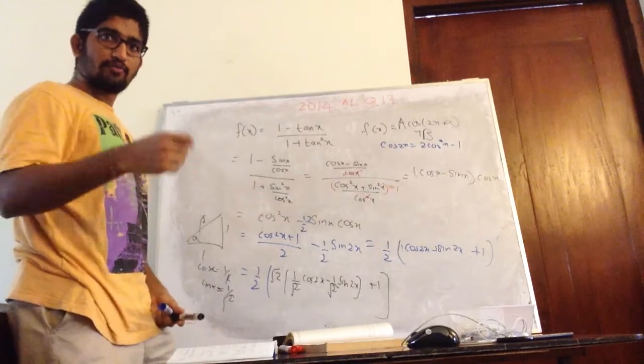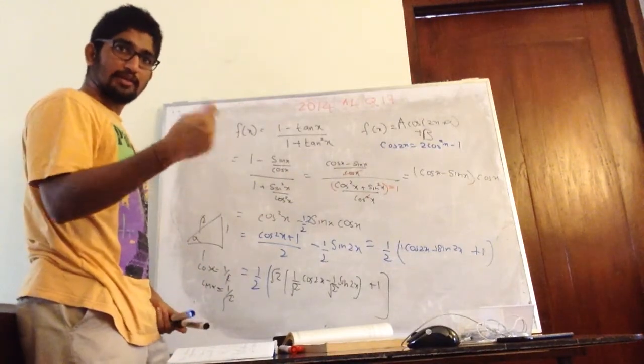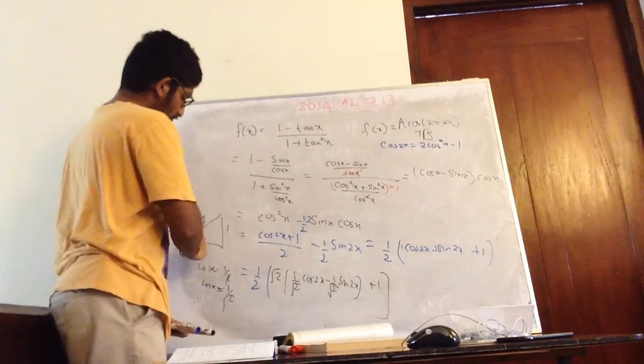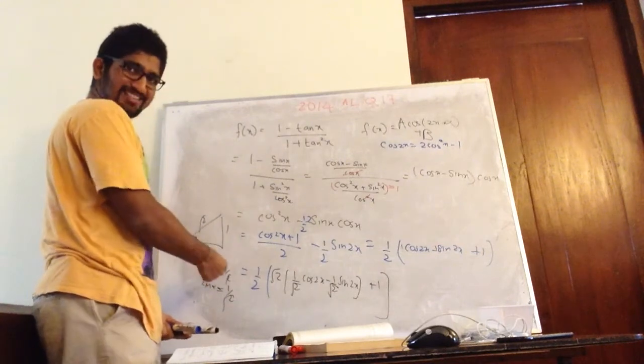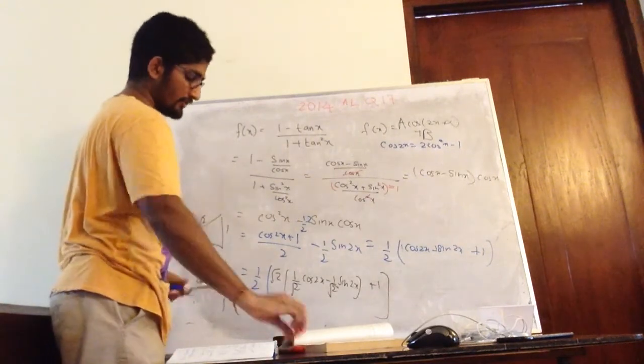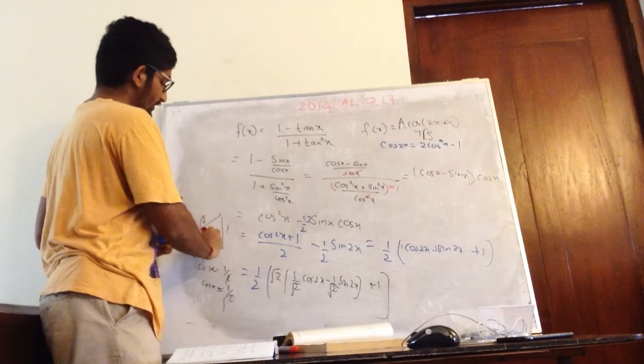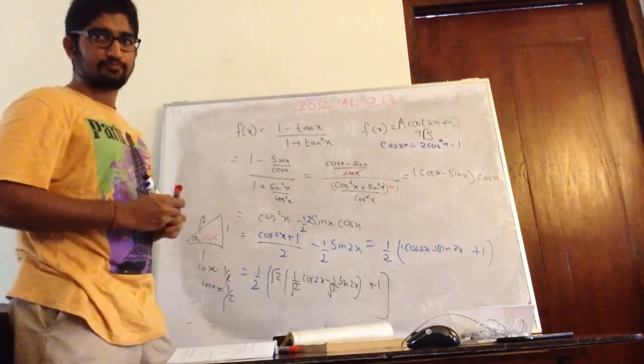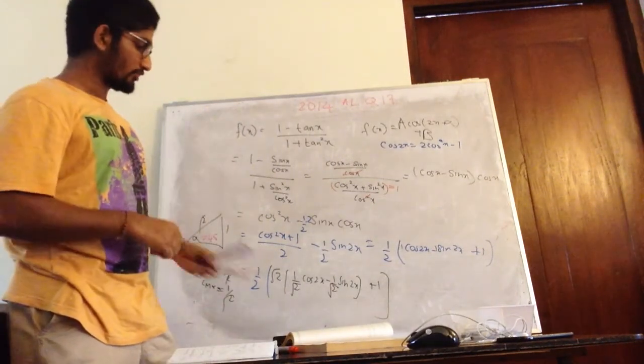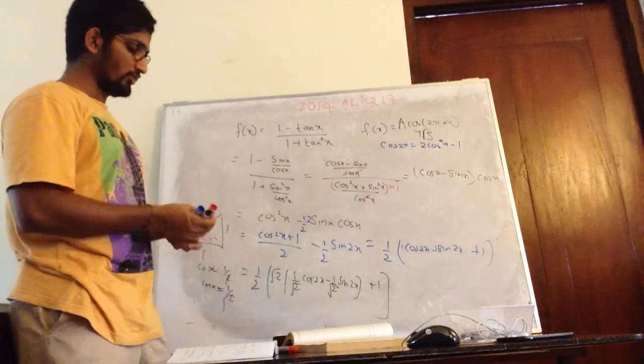If you remember your standard knowledge, when does this happen? This happens when alpha is 45 degrees, that is pi over 4. Now we just need to substitute these.